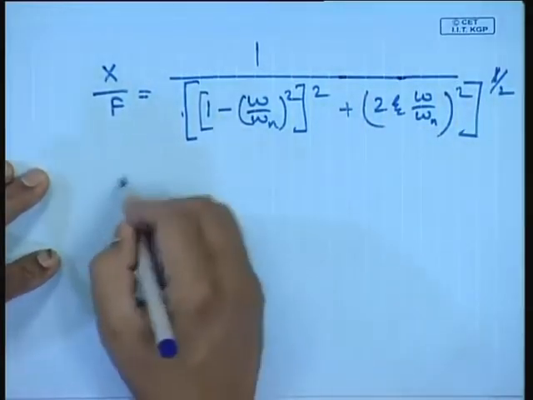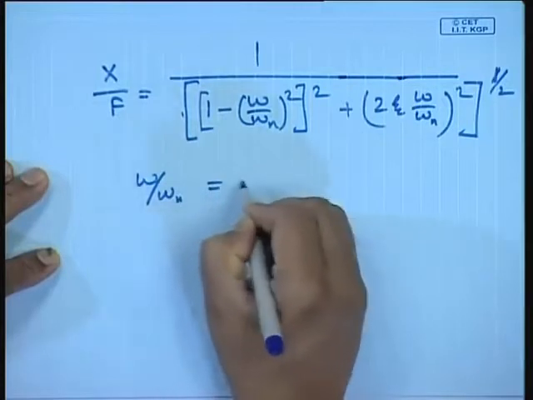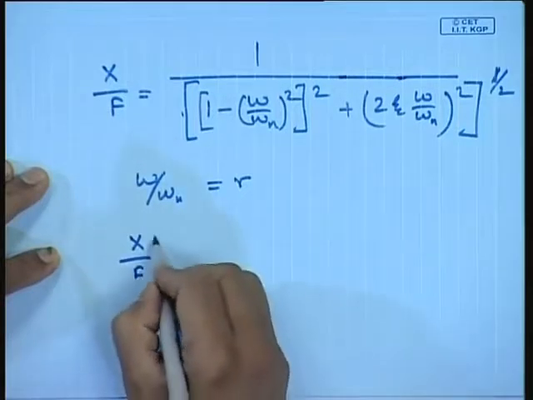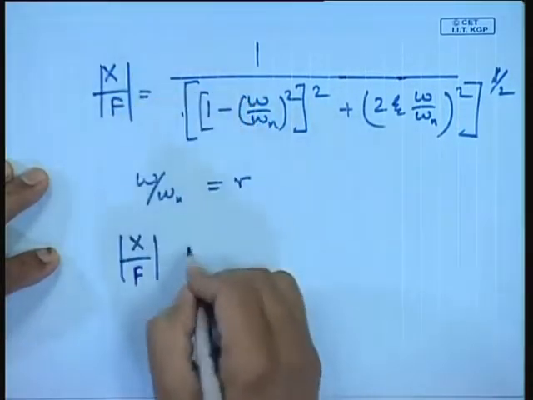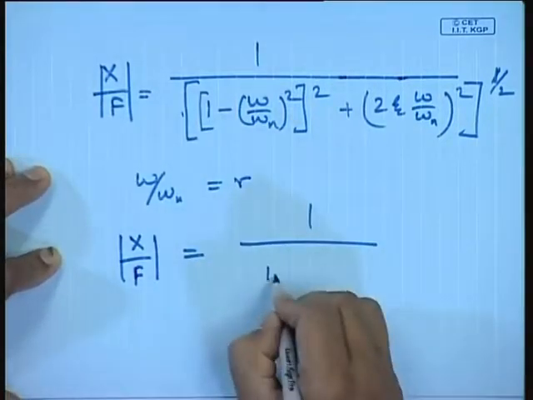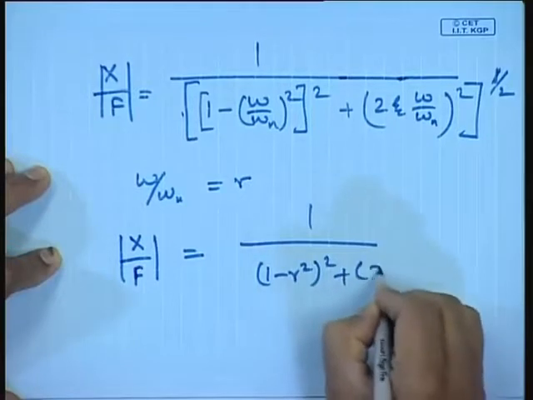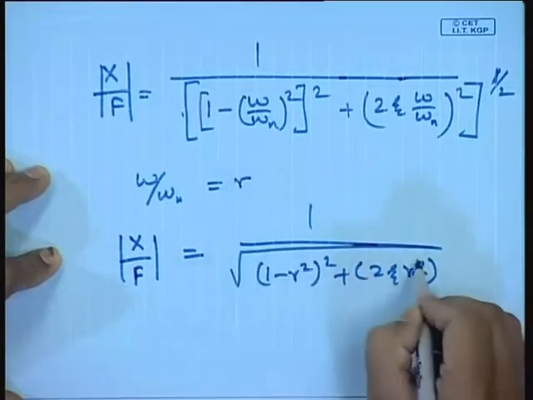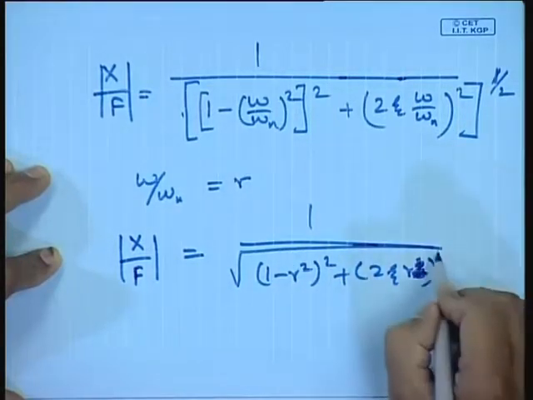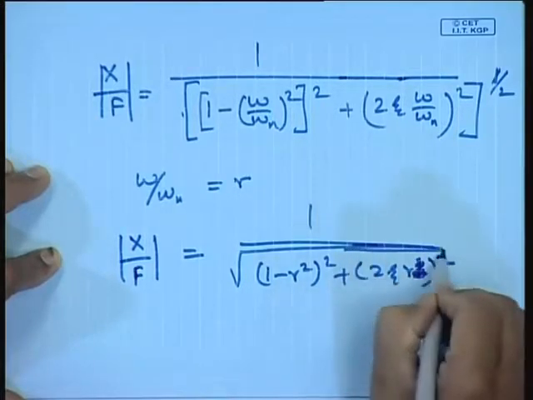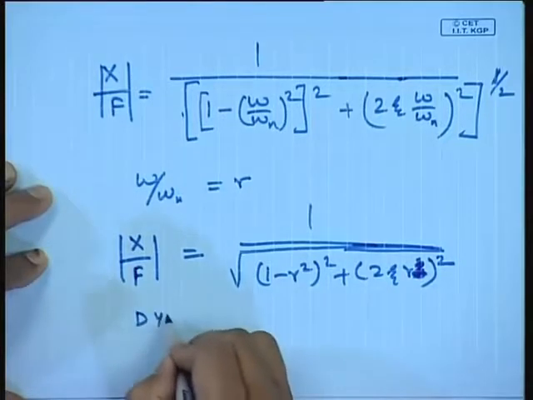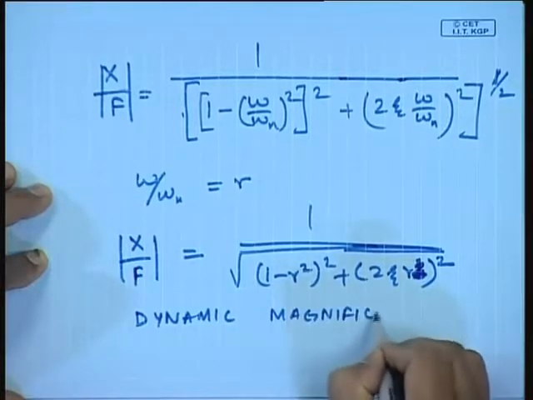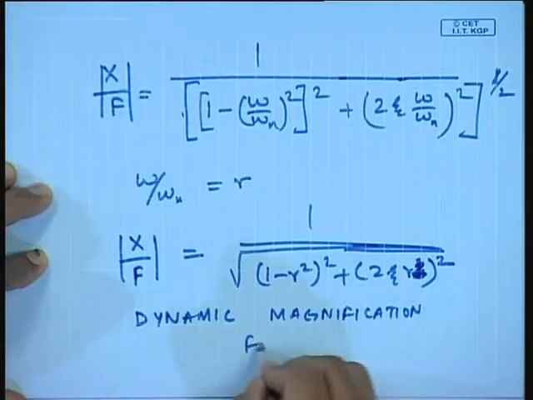If I again denote omega by omega n as r, the frequency response function is given by 1 by 1 minus r square whole square plus 2 zeta r whole square, and this is known as the dynamic magnification factor.